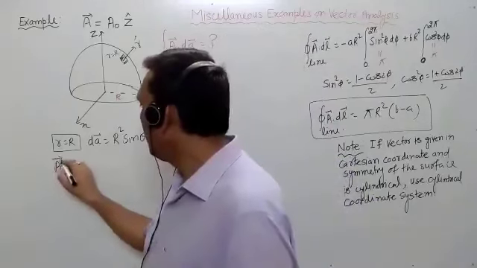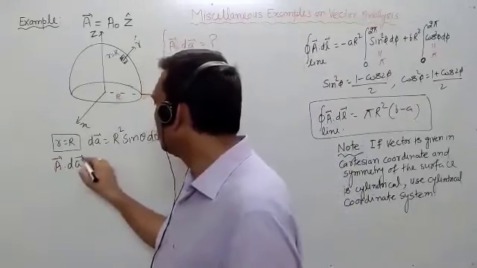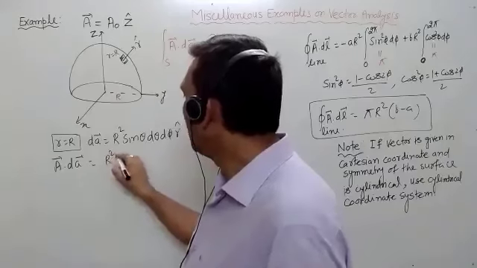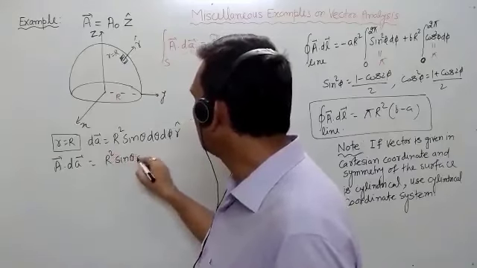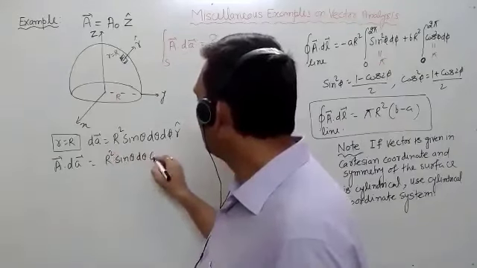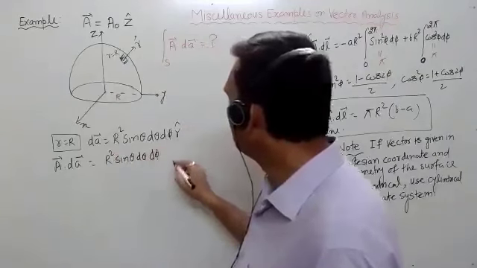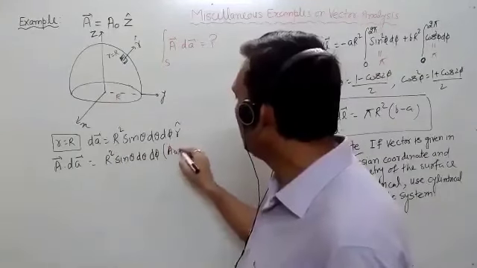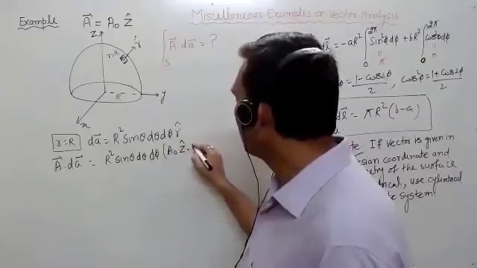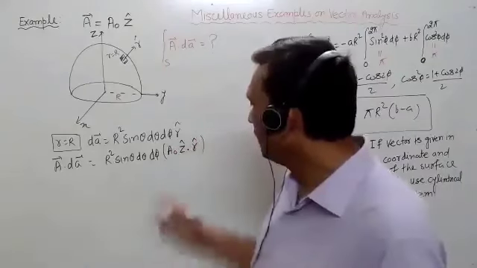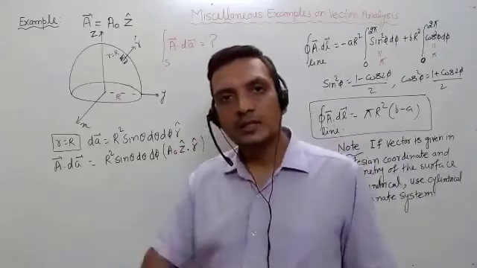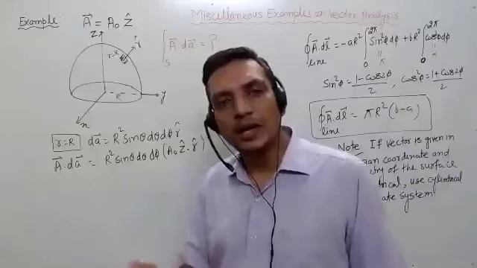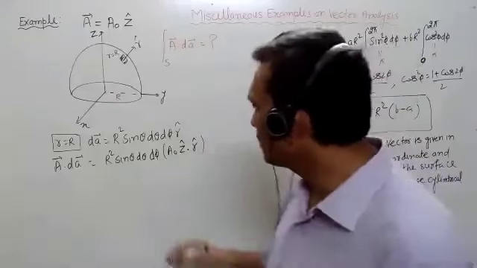So what will be A dot dA? R square sine theta d theta d phi, and this will be A naught Z cap dot R cap. And you know Z cap dot R cap is cos theta.